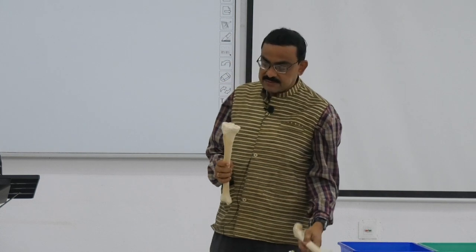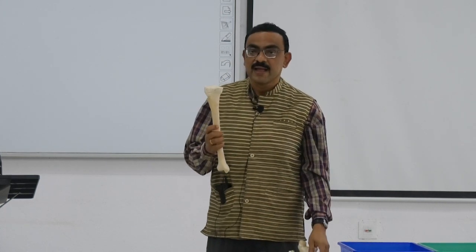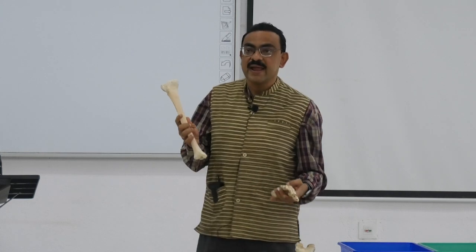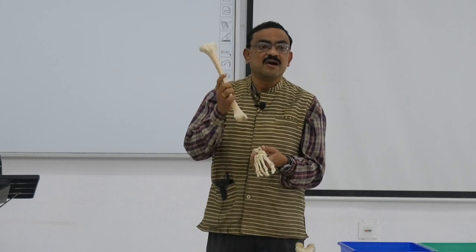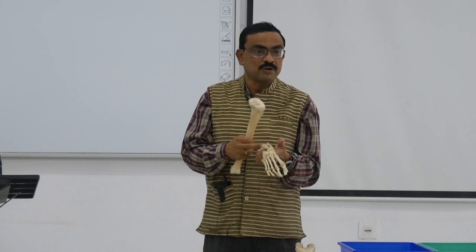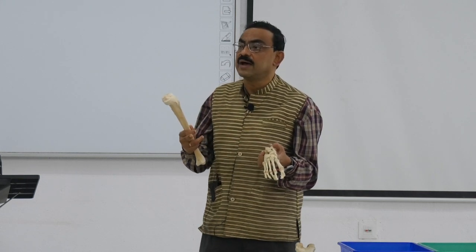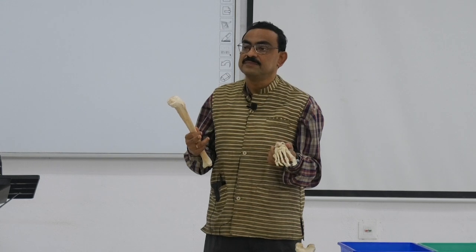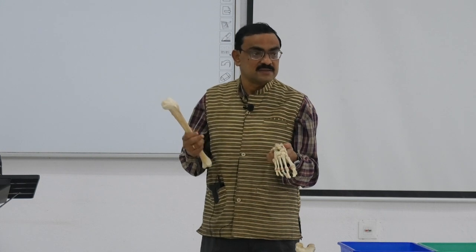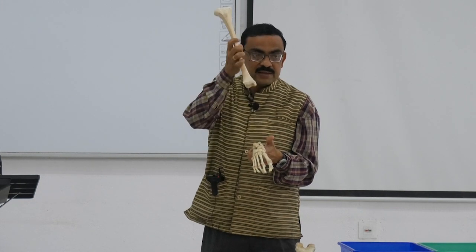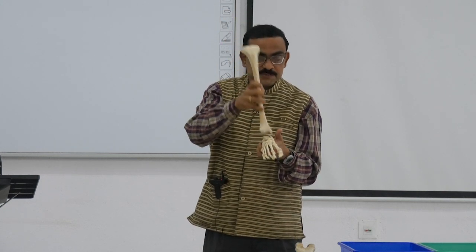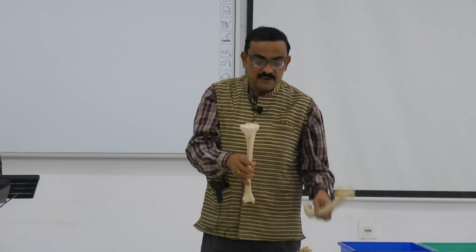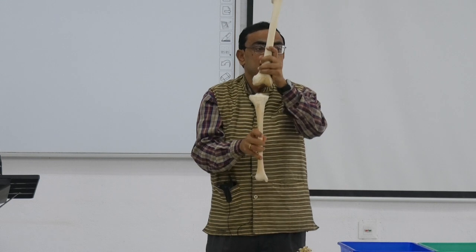And in the lower end, we get an articulation with the skeleton of the foot and that important bone which is the keystone of the skeleton of the lower limb or foot, that is the talus upon which this tibia rests. So this forms the ankle joint, and here we get the formation of the knee joint.